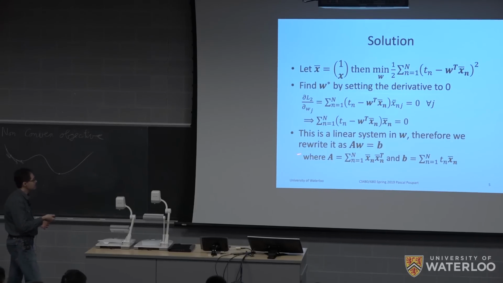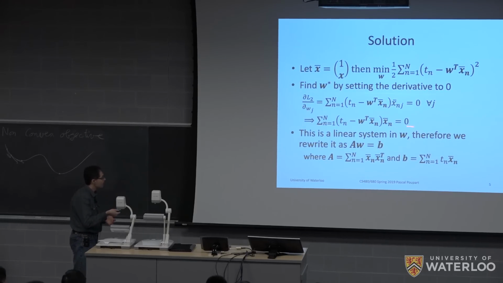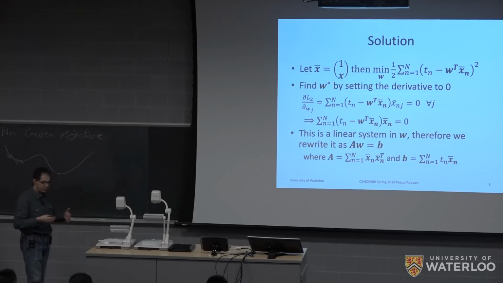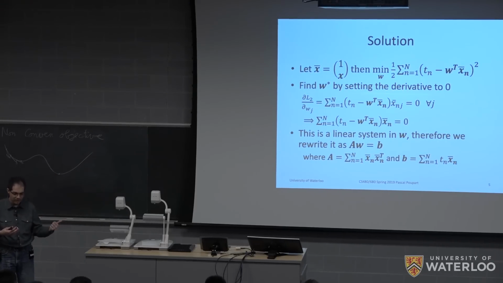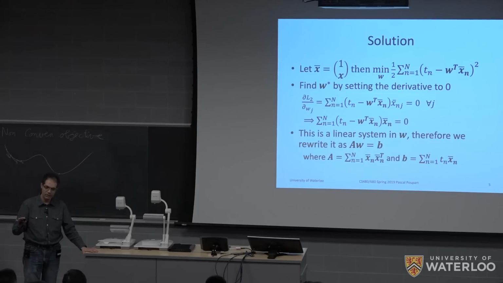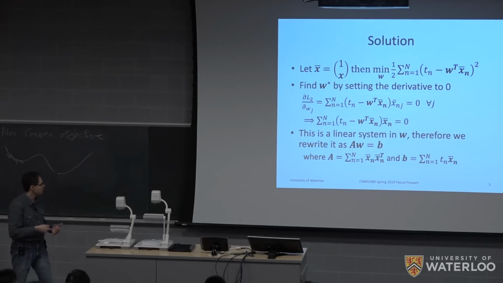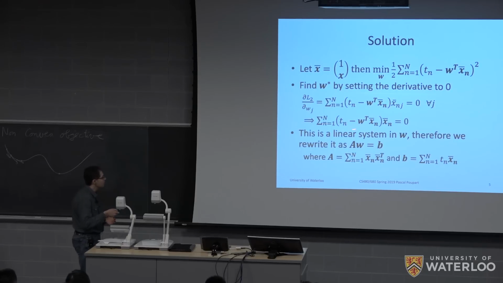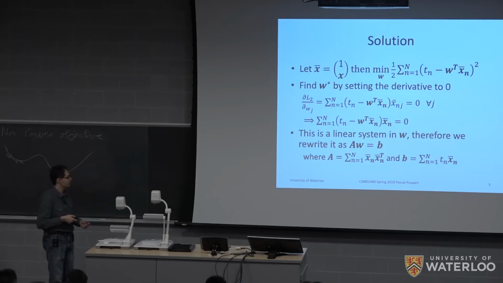So here we can set the gradient to 0. One nice property of convex optimization problems is that this condition is not only necessary, it's sufficient. So there exists a single point with a gradient of 0, and if I find the W that satisfies this equation, then I will have my solution.